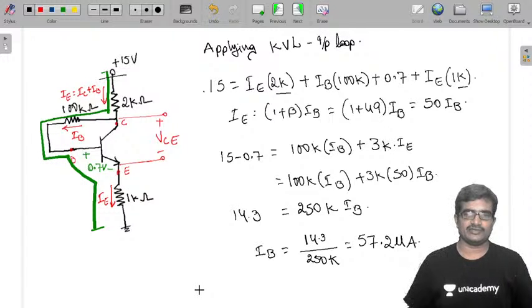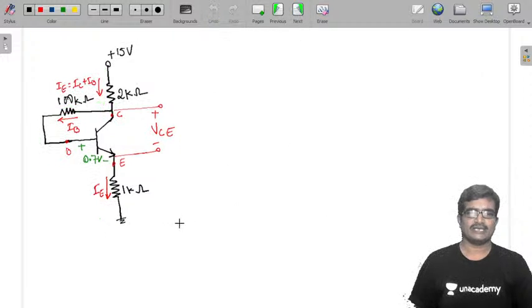Once you know IB, immediately calculate IC and IE. So IC is beta times IB.